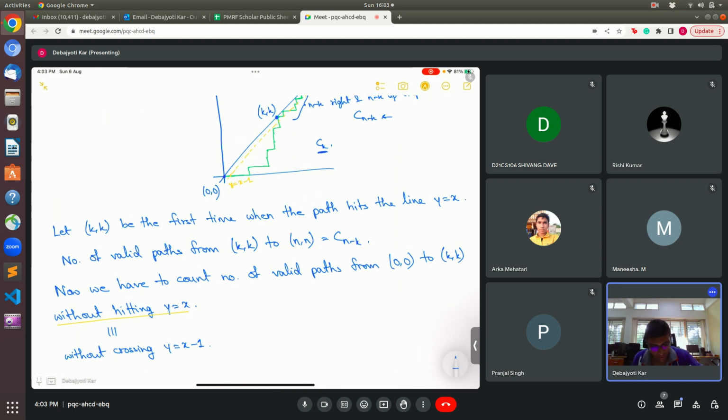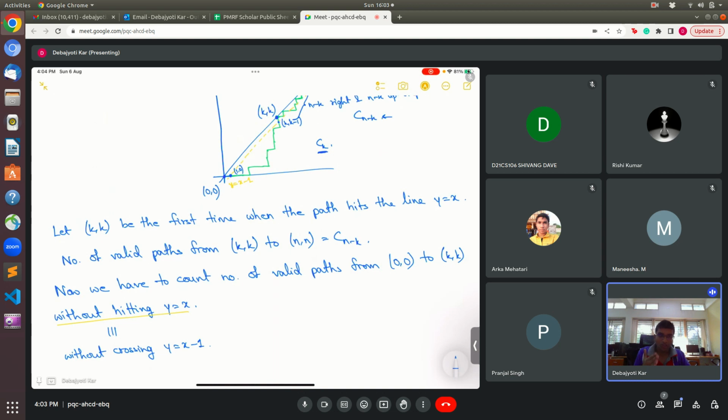The first step is obviously to the right. Starting from the origin, you first go to the point 1, 0, and then from here you have to go to the point k, k minus 1 without crossing this particular line. You want to go from 1, 0 to k, k minus 1 without crossing the line y equal to x minus 1.